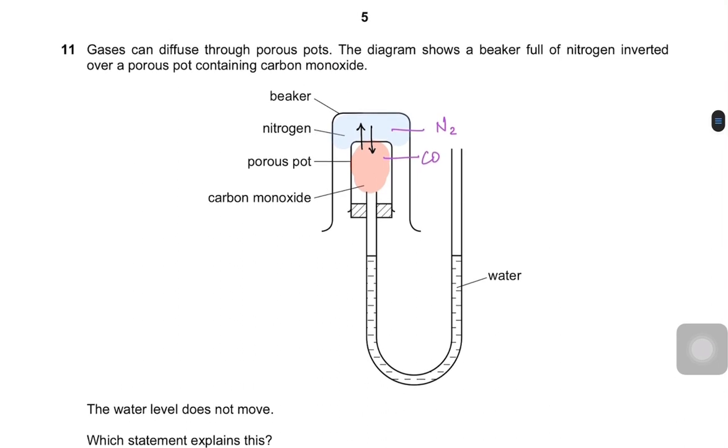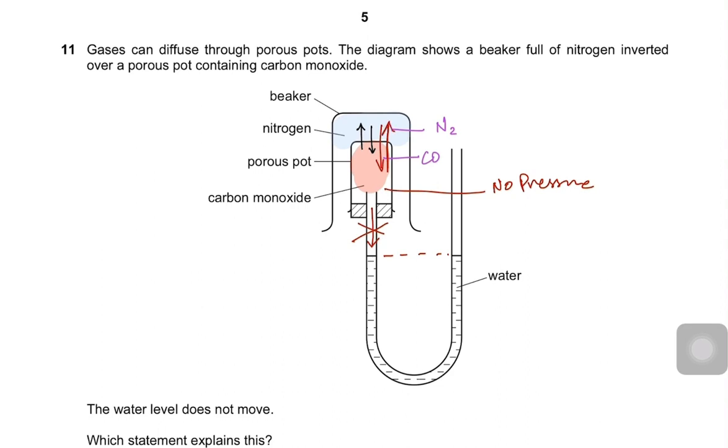Now if the water level is not moving, it means that there is no pressure over here, because if pressure was exerted, it would have resulted in some change in the water level. It means that the amount of gases coming inside is equal to the amount of gases moving outside of the porous pot.